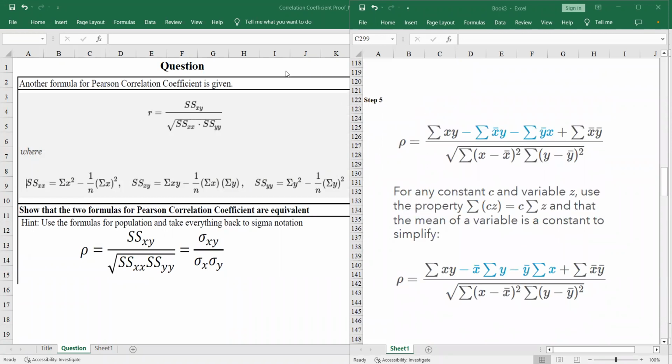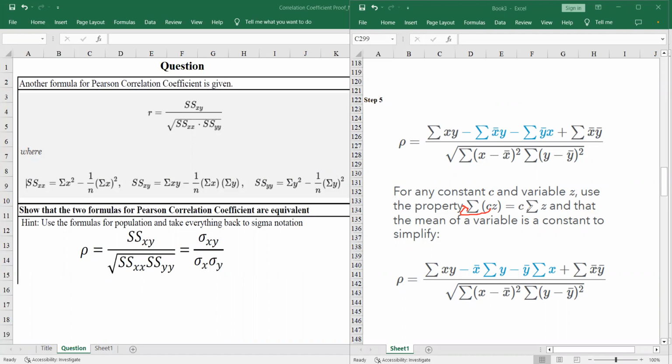In the next step, I used another property. When you have a constant and a variable multiplied inside the summation, the constant comes outside the summation. It's not going to affect the summation itself.